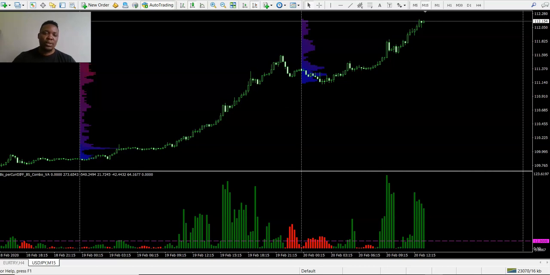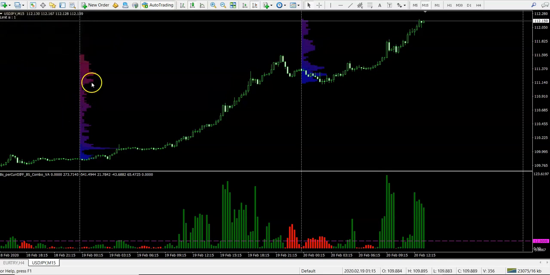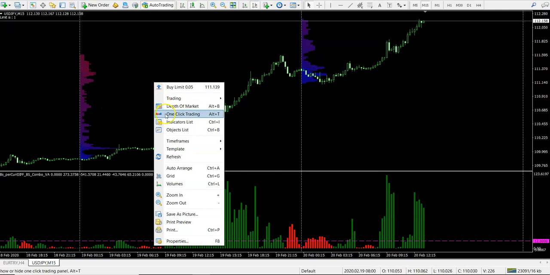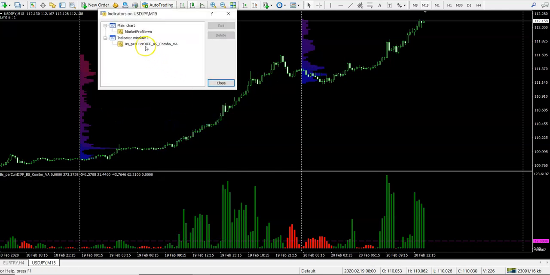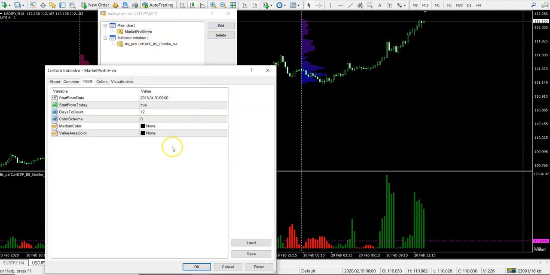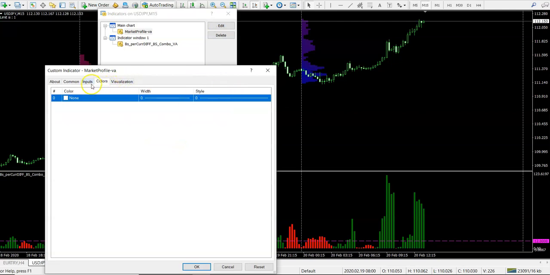Okay, so what is market profile? You can clearly see, guys, at the back here, this particular indicator right here, this is a market profile indicator. Maybe it's not that clear. Maybe I might just change the color of this thing, let's see if it will allow me to.